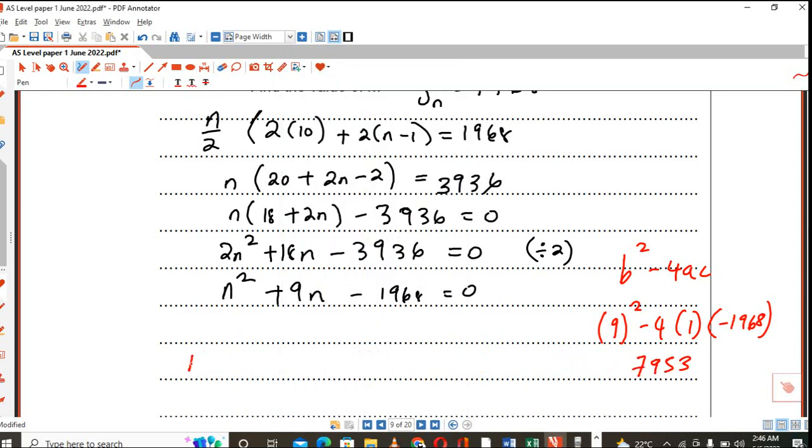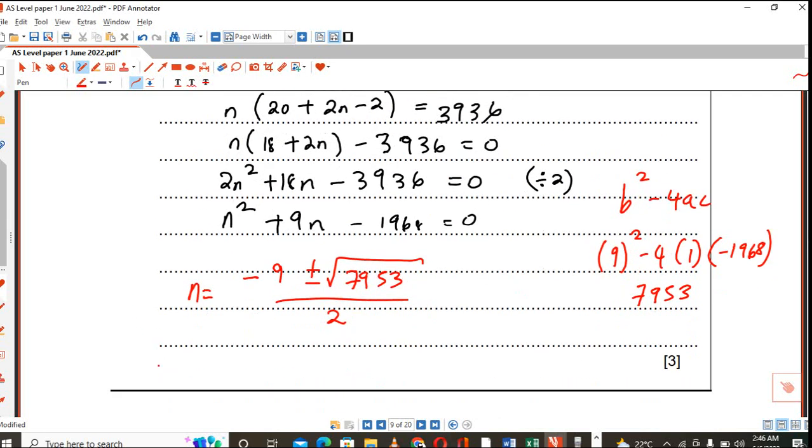So that means if I was to use my quadratic equation formula, I will have the square root of 7953 divided by 2 times a, which is 2. Right, so this is going to give me 2 decimal values. The first is n equals about 40.0898, or n equals negative 49.0898.